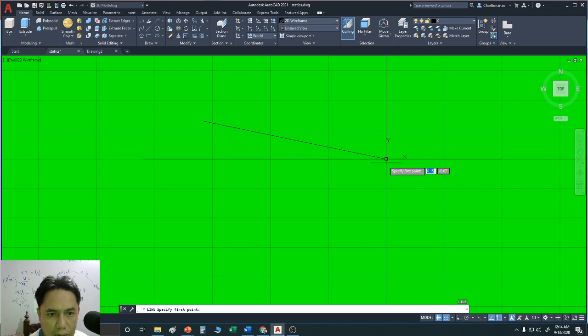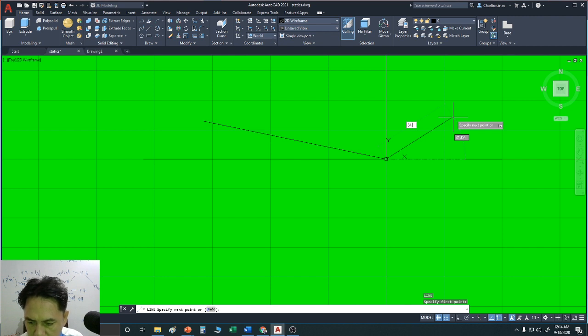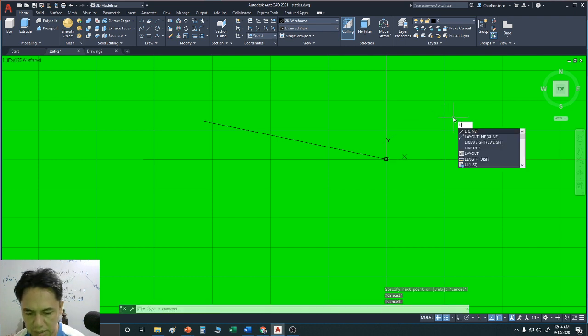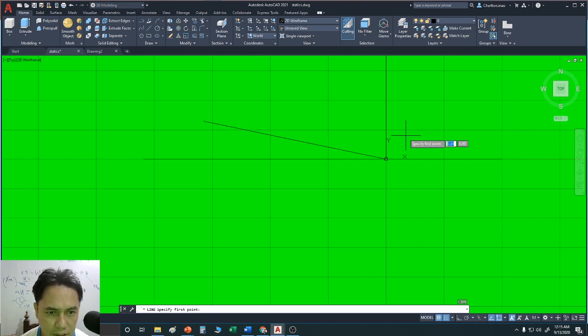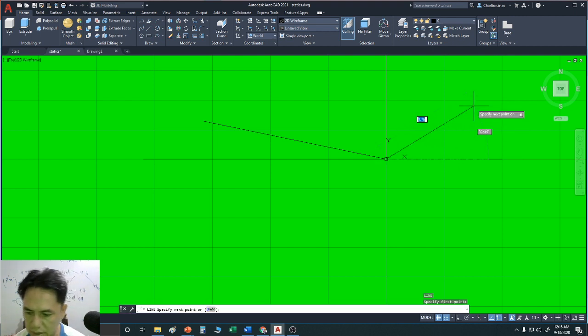Let us draw a line here, and it says 34.1 degrees from the horizontal. Let us use the velocity as our line. There is a line of velocity coming from here, and that is 25, and then the angle is 34.1.